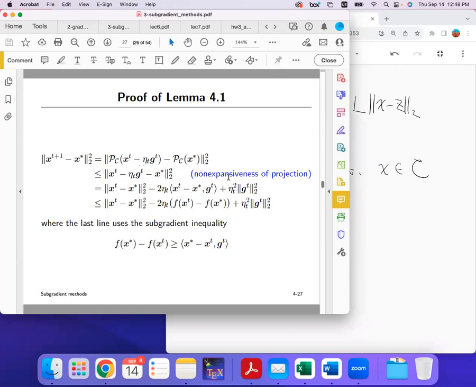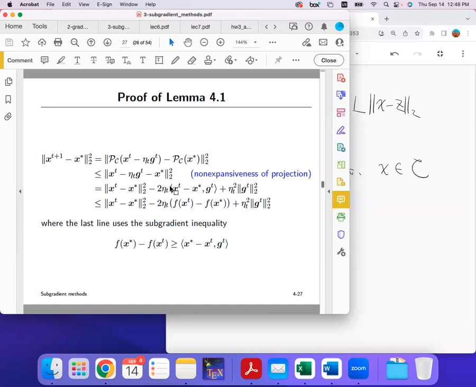We have this non-expansive property, so we can get rid of the projection. And then this is a quadratic term, so we can expand it. This is an equality, just expanding this quadratic term. We merge these two terms together so that we have the distance at the previous iteration, the t iteration. The rest of the terms are a cross term and another quadratic term.